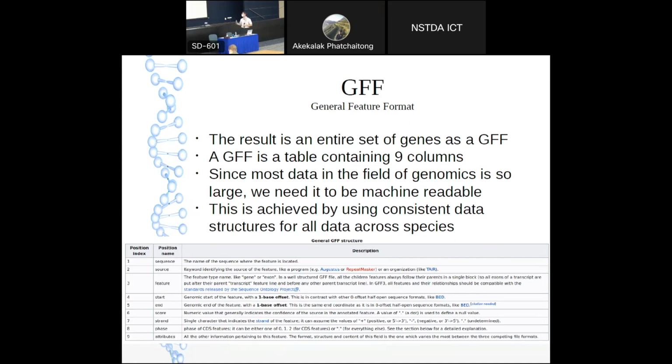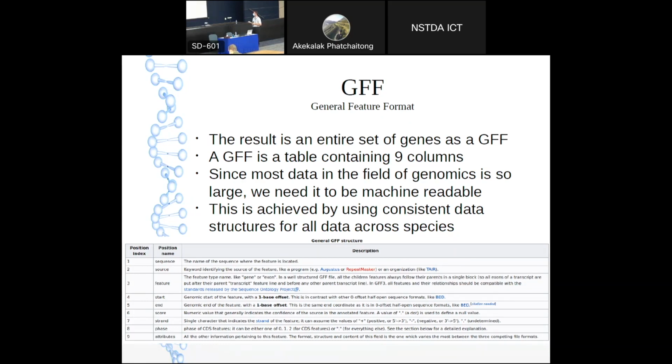The GFF format is essentially a table of 9 columns. The first column is the name of the sequence. The second column is the source, which can have information about how this sequence was generated, such as Augustus or RepeatMasker, for example. The third column is the feature. So this says what the sequence is. It could be a gene or an exon.